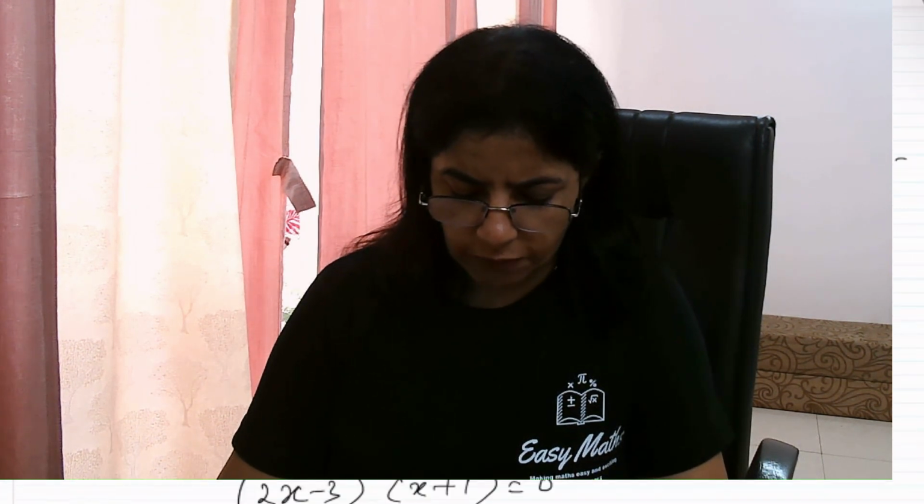So it is 2x square minus 3x plus 2x minus 3 is equal to 0. Taking x common, x into 2x minus 3. Taking 1 common, 1 into 2x minus 3. And you get 2x minus 3 and x plus 1 as the factors. It implies the zeros are x is equal to 3 by 2 and minus 1. That's what you were supposed to find in the B part.